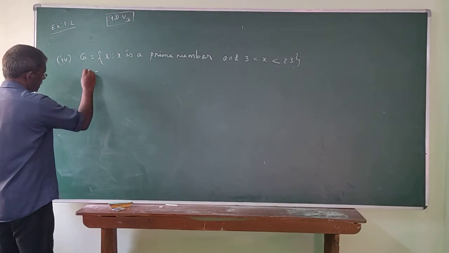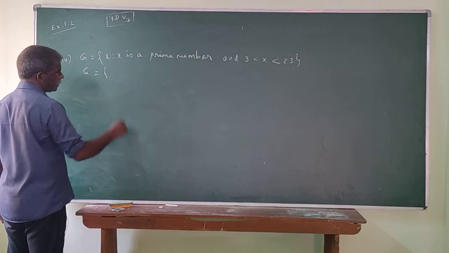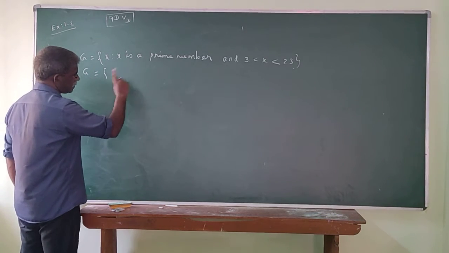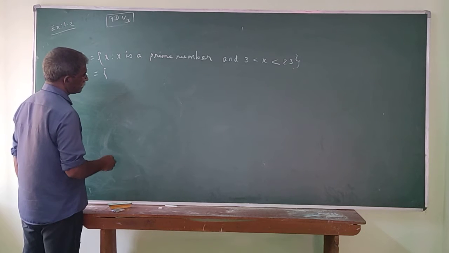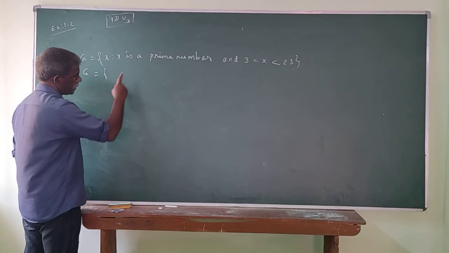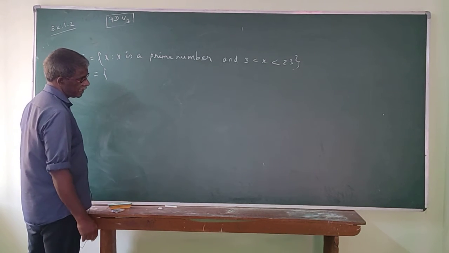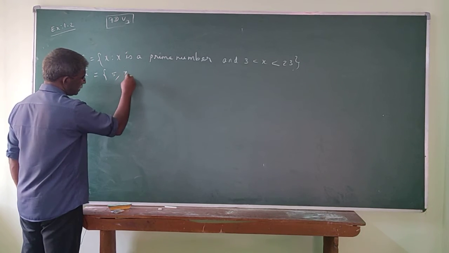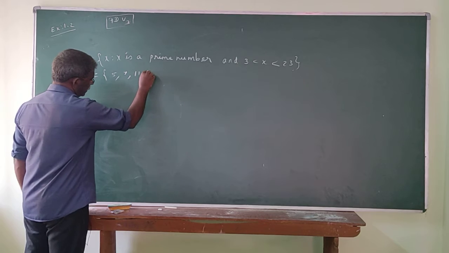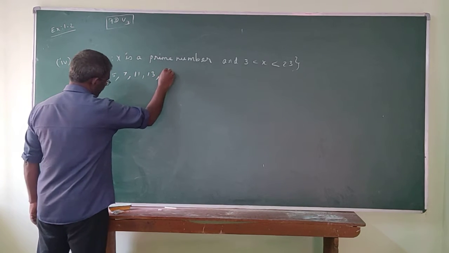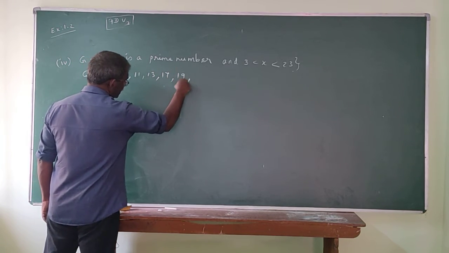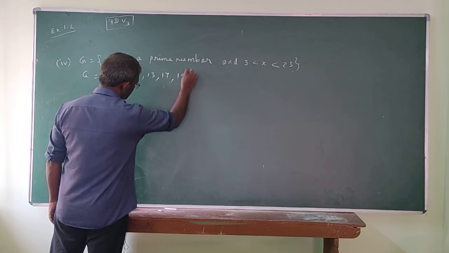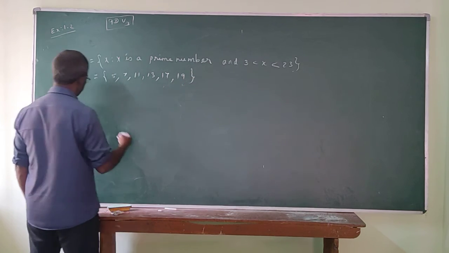Therefore, you write G in roster form: the prime numbers between 3 and 23. So 5, 7, 11, 13, 17, 19; 23 is not included.